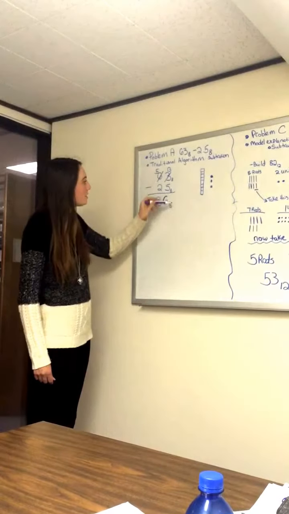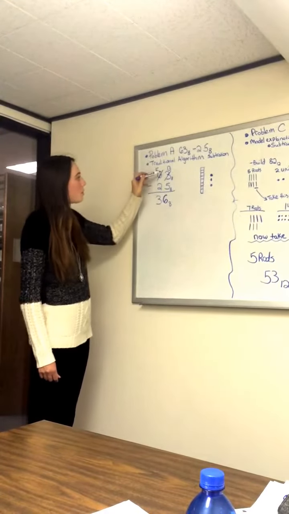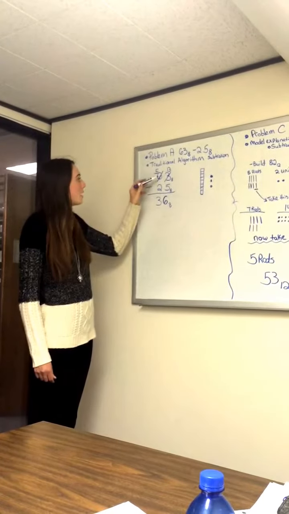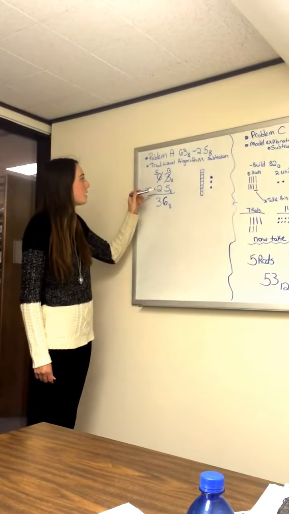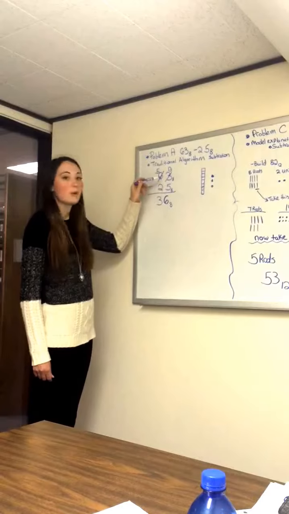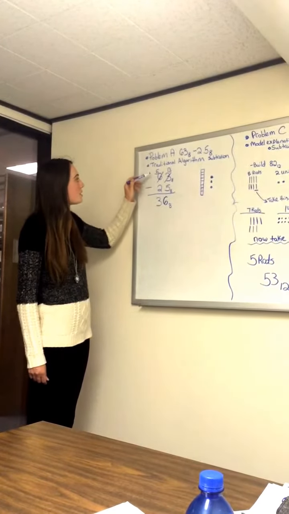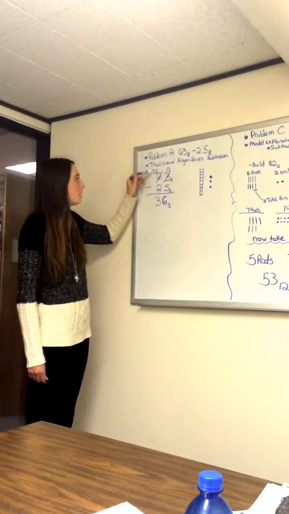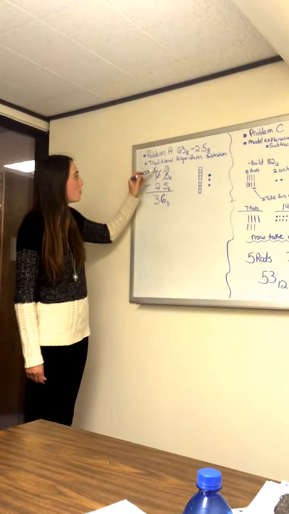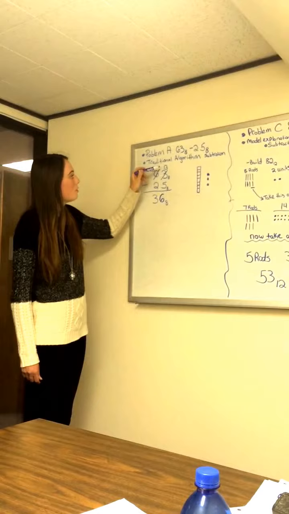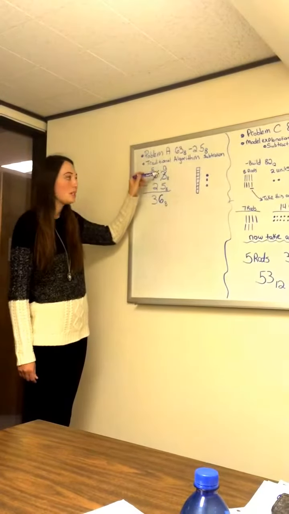We'll be subtracting down. So we look at the 3 and we cannot take 5 away from 3, so we're going to break down this 6 and turn it into a 5, and we're going to take that number 1 and put it with the 3, and this will be 13.